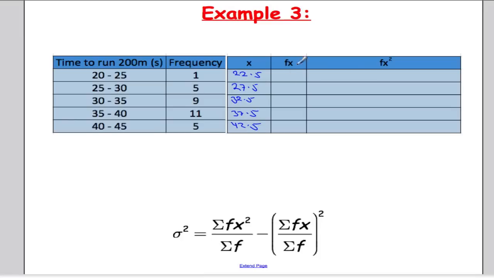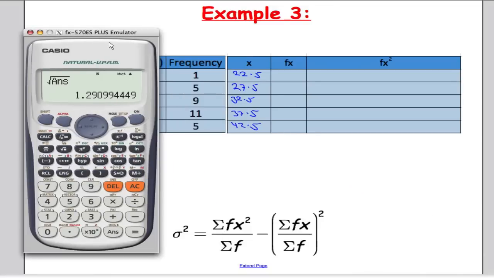And then I need to do the frequency times the midpoint. So taking out our calculator.